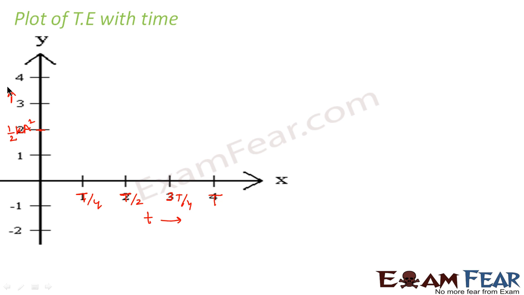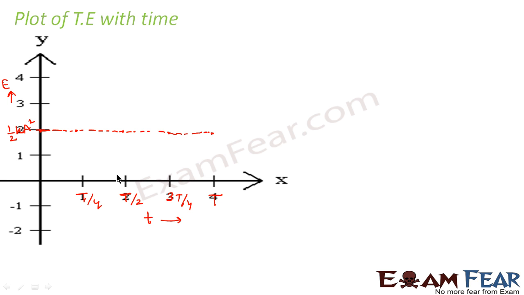So along this axis, we have total energy. According to the expression of total energy, the value of total energy is always half k a squared. That means at time t equal to 0, T by 4, T by 2, 3T by 4, and T, it is always half k a squared. So the expected graph would be something like this.